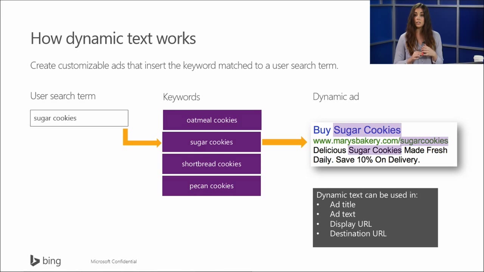But it can insert dynamic text into the 4 main elements of your ad. So the title, the text, the display URL, and the destination URL. You want to be very, very careful with the destination URL. So when you are inserting the keywords into the ads, it's going to insert it into the destination URL.